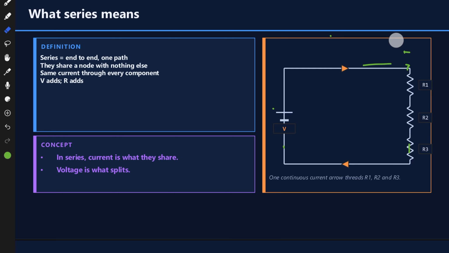So for a series circuit, your current is the same. They all hold the same current. Your voltage is different. Depending on the resistance of each resistor, they'll all have different voltages.